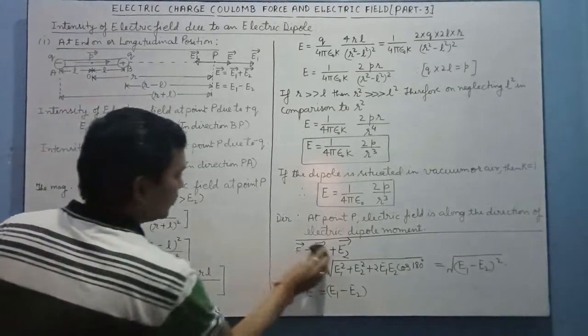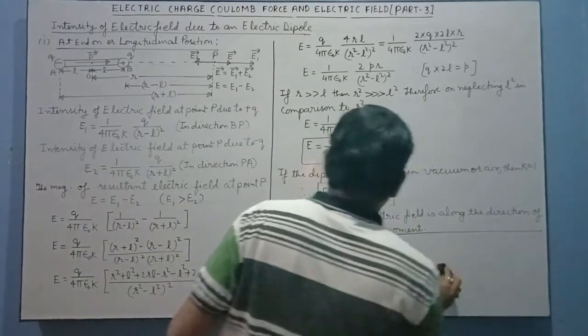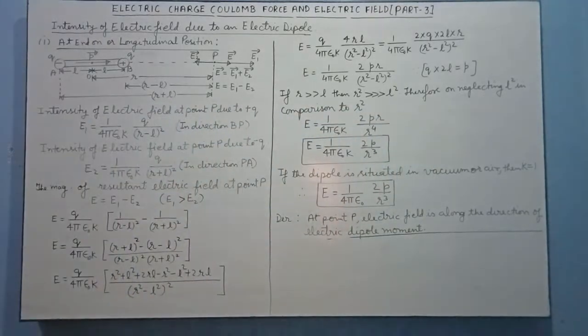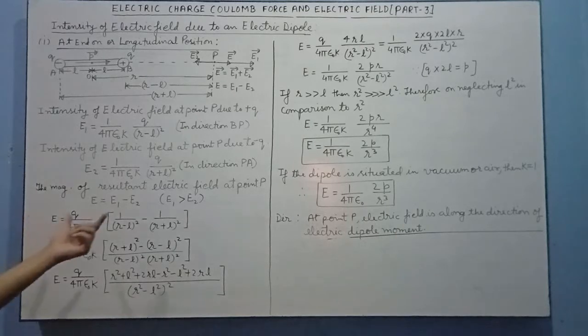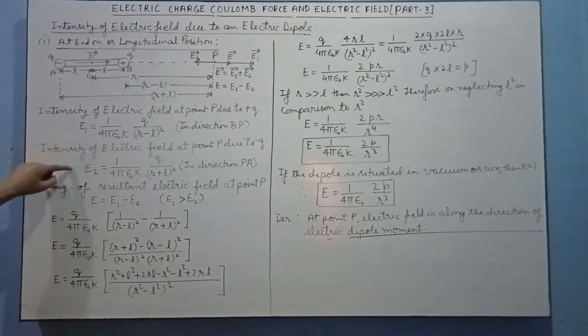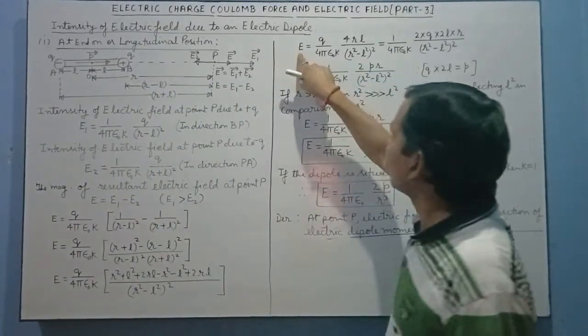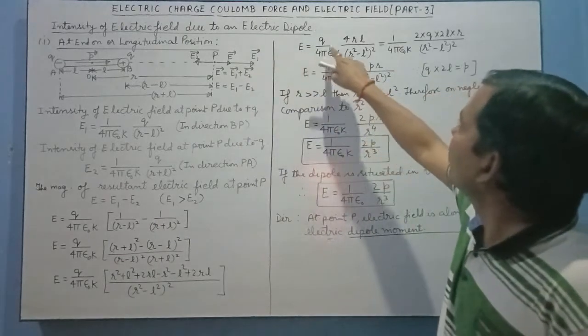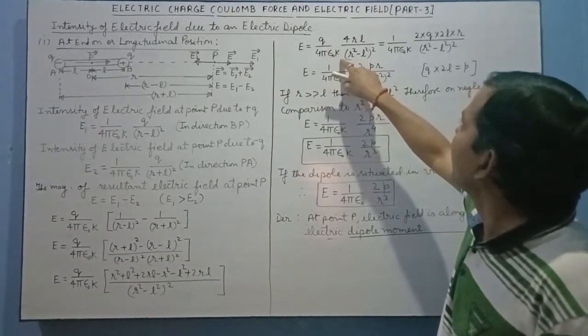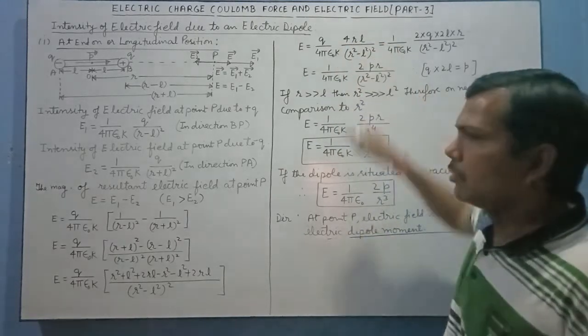Now we will come to this equation and substitute the values of E1 and E2 from these two equations, and then we solve them to obtain the electric field at point P to be Q upon 4 pi epsilon 0 K into 4 RL upon R square minus L square whole square.